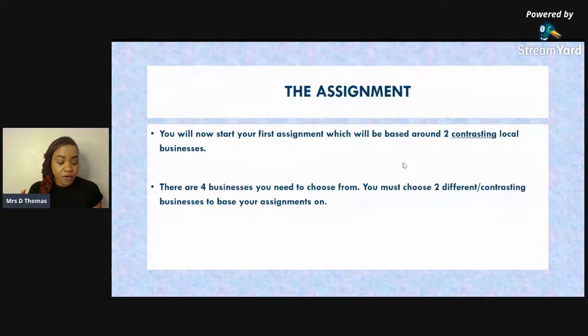But for assignment 1, you need 2 businesses. I need you to write about 2 contrasting businesses. That's how you're going to compare it. You're going to have a description of 4 businesses, but you need to write about 2 contrasting businesses.